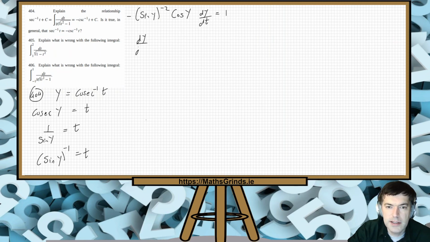So dy/dt would equal sine squared y over cos y. So if we remember here that y equals cosec inverse t, or cosec y equals t over 1.